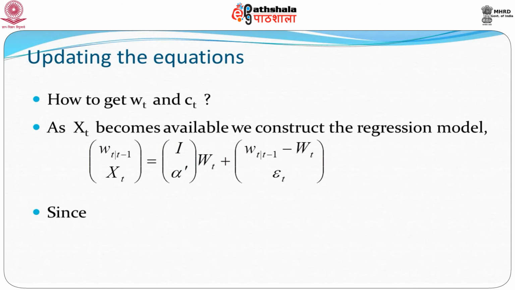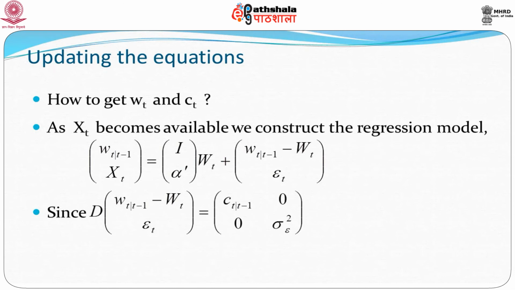So, the left hand term, we can look at the response as our y in general in a regression model. On the right hand side, we have Wt, which acts as our x in the regression model, and I and alpha prime acts as the coefficient beta, whereas the second term acts as the error in this regression model.